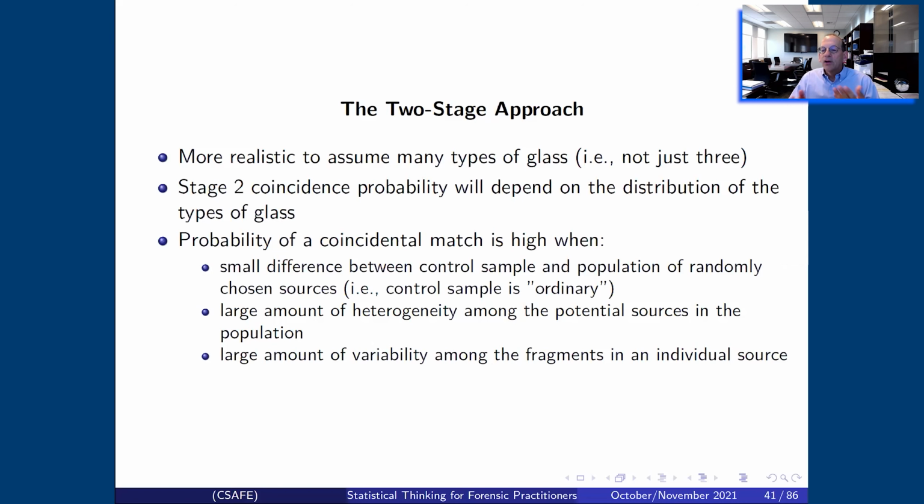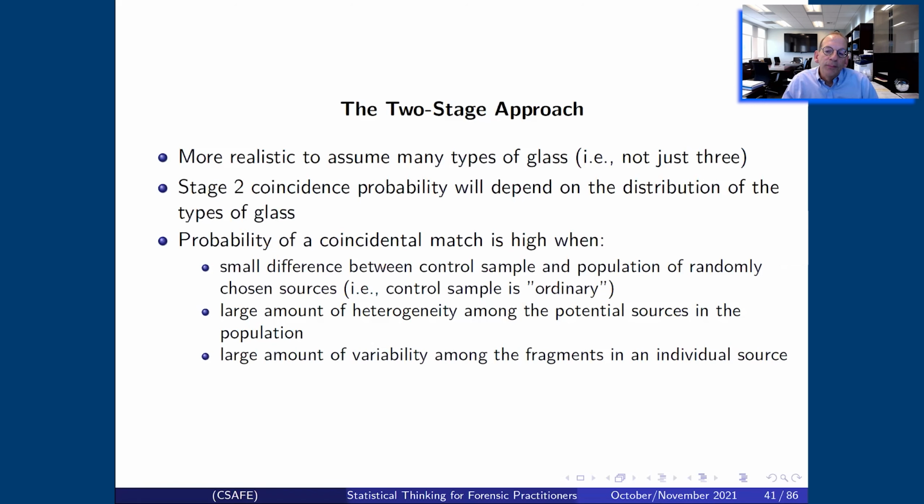We get a high coincidental match if the population is variable, with much variability in glass sources, and also a lot of variation. So there's many, many types of glass. We might then still find a high coincidental match.